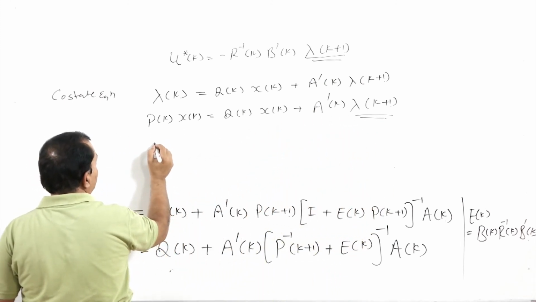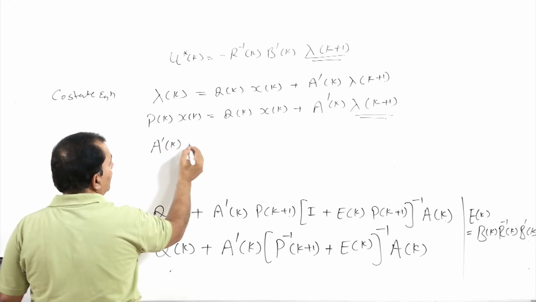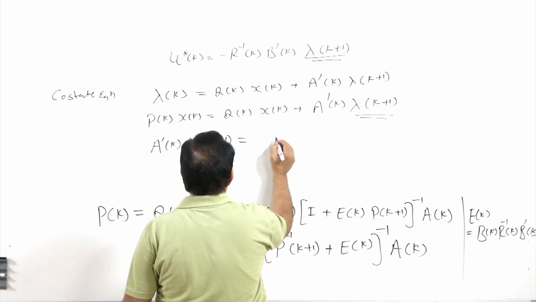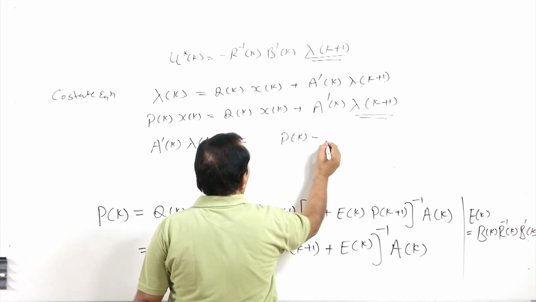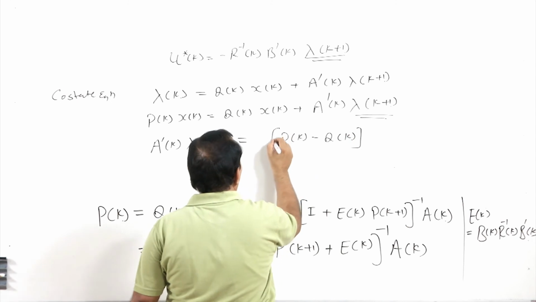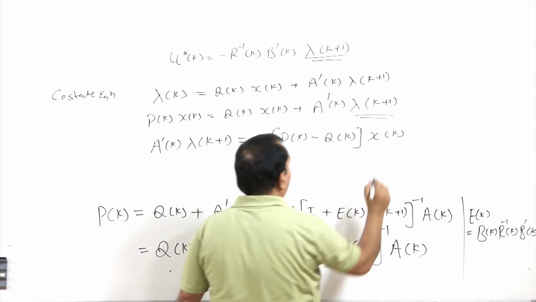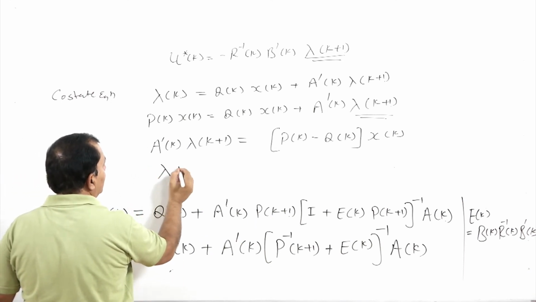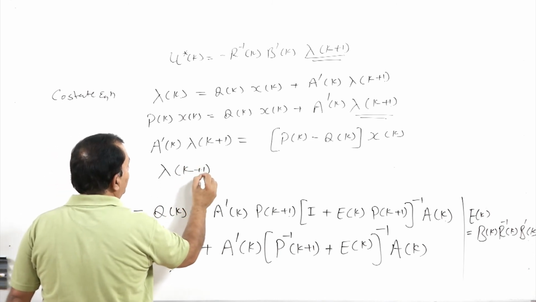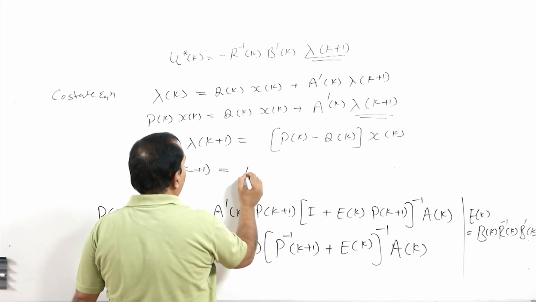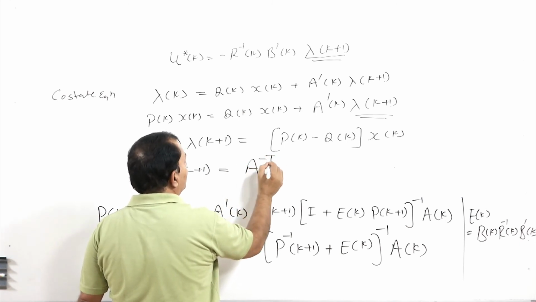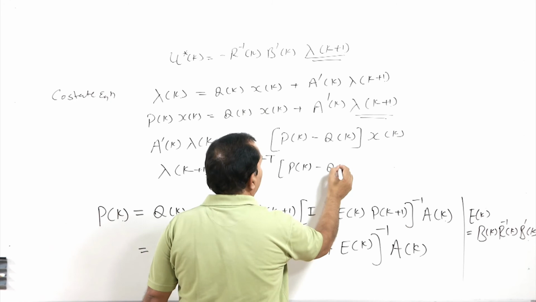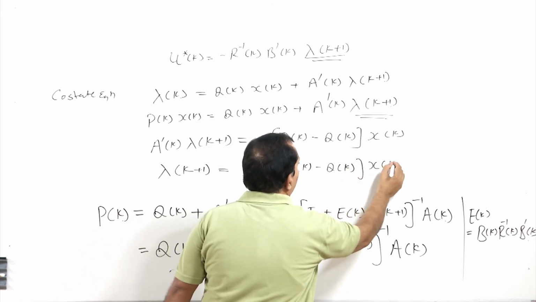If I write A transpose k lambda k plus 1 as pk minus qk xk, then lambda k plus 1 is nothing but A minus T (pk minus qk) xk.